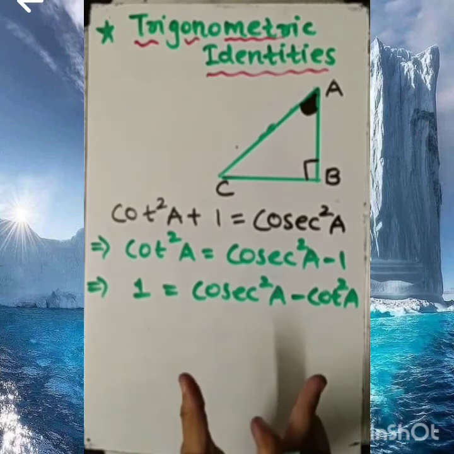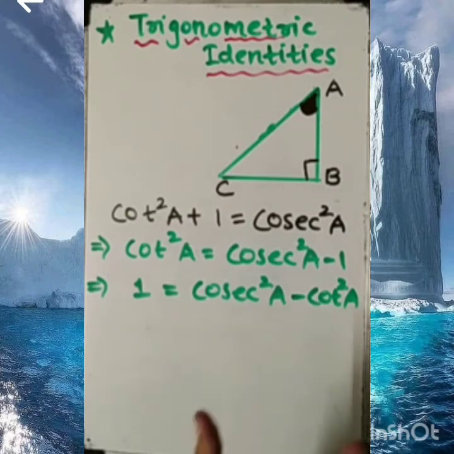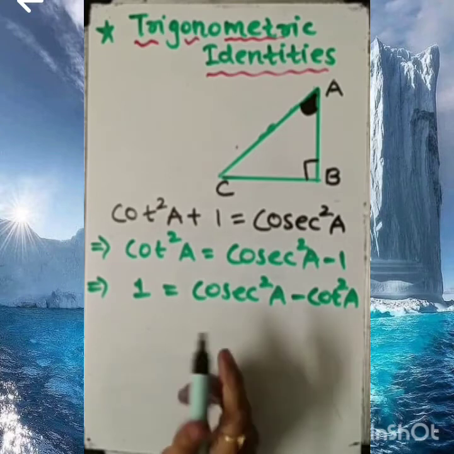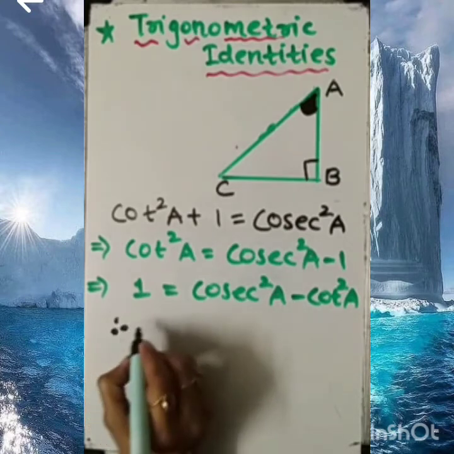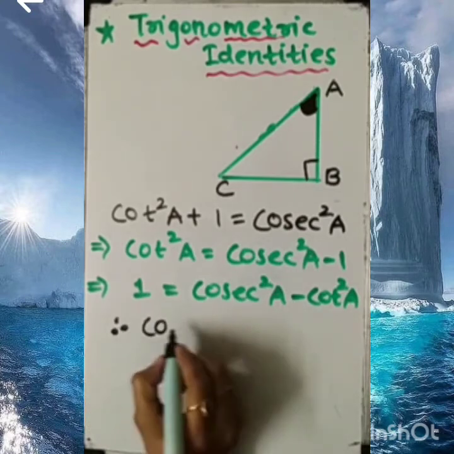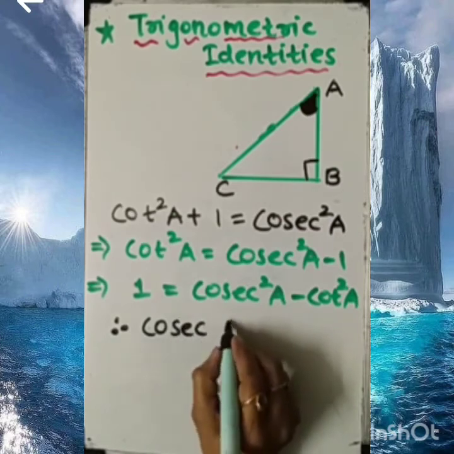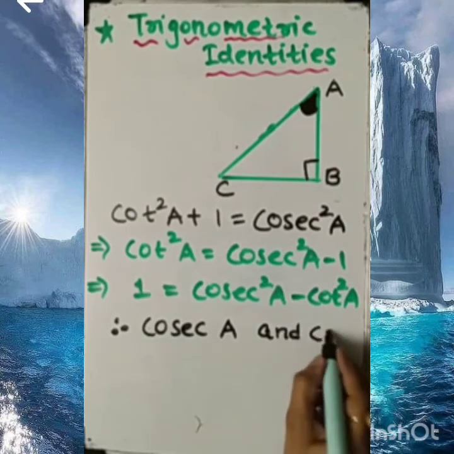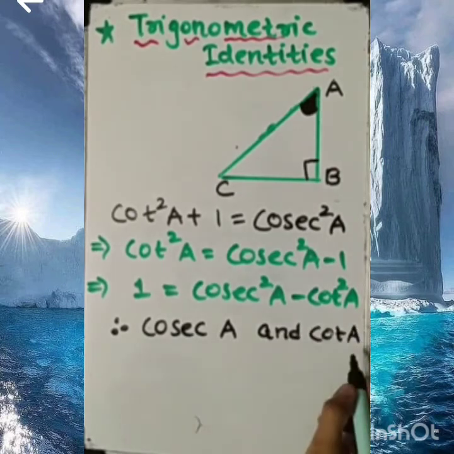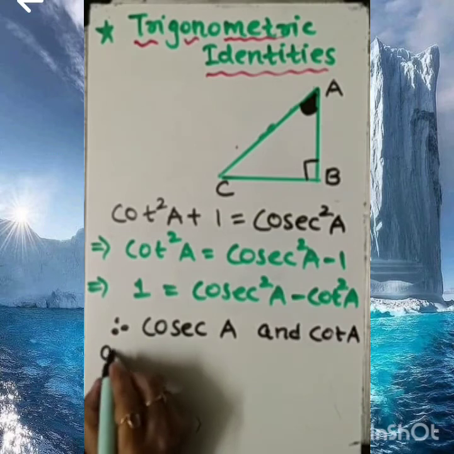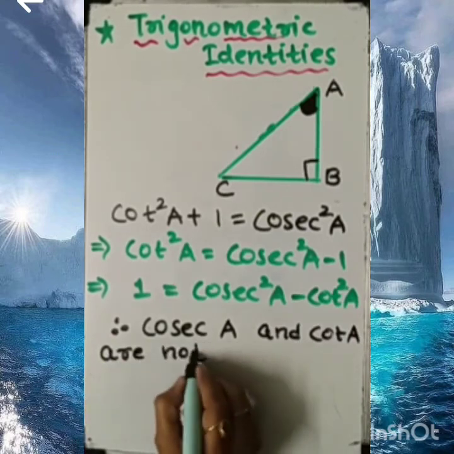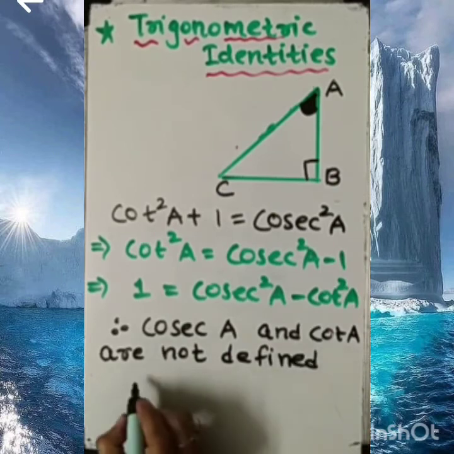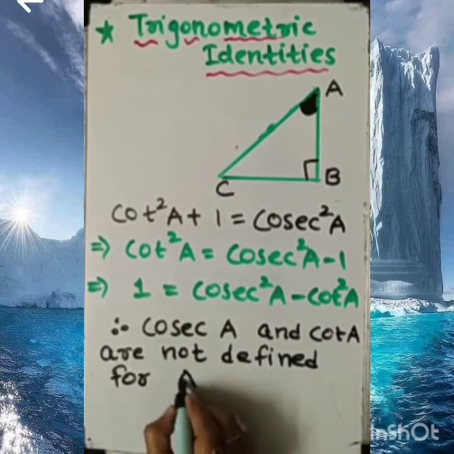Now please keep this in mind. Actually, cosec A and cot A are not defined for angle A equal to 0 degree. This is a very important thing I am mentioning here. It is very useful for true false or statement type questions. Cosec A and cot A, please note down, dear student, are not defined for angle A that is 0 degree.